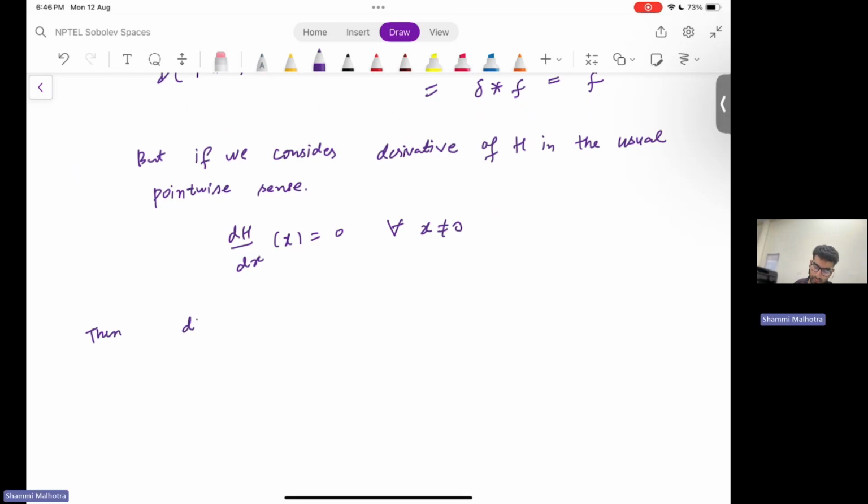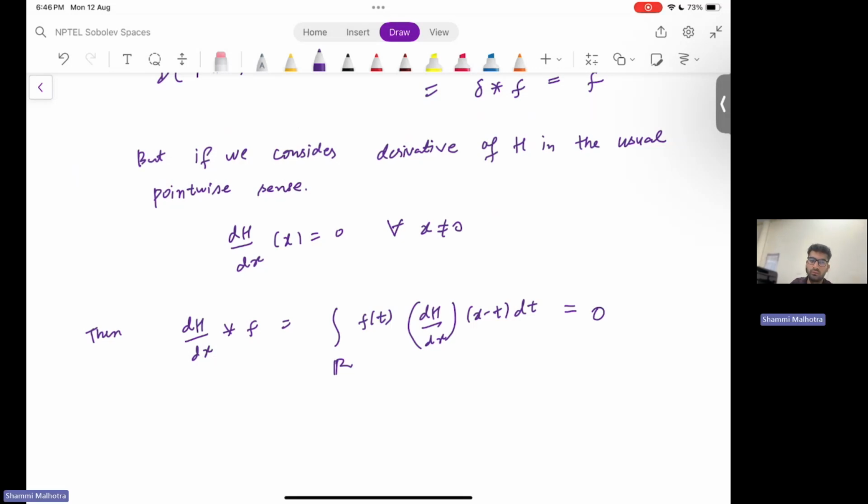Then this dH/dx convolved with f is nothing but the integral over R of f(t) dH/dx (x minus t) dt. But I know dH/dt is pointwise 0 almost everywhere except at 0. So this will actually give us 0 only.